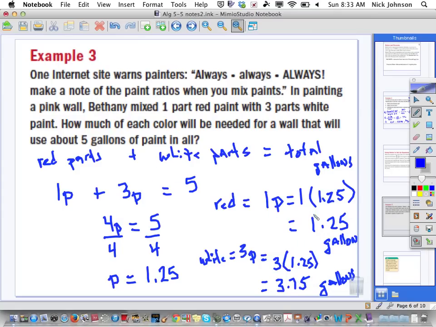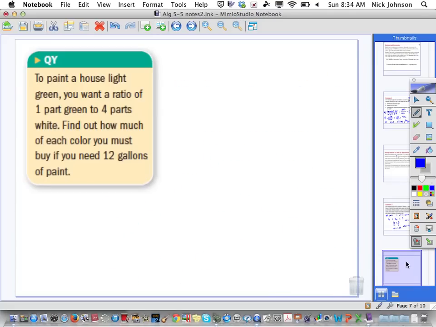So now we have the correct amount that we need to put into our 5 gallons of paint, to make sure you get a pink color and not a red color, or too light of a pink color. Okay? So let's look at another one of these.